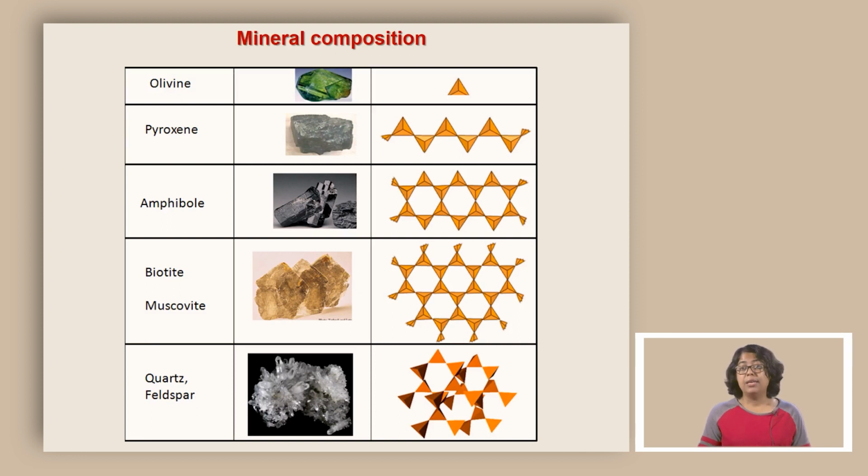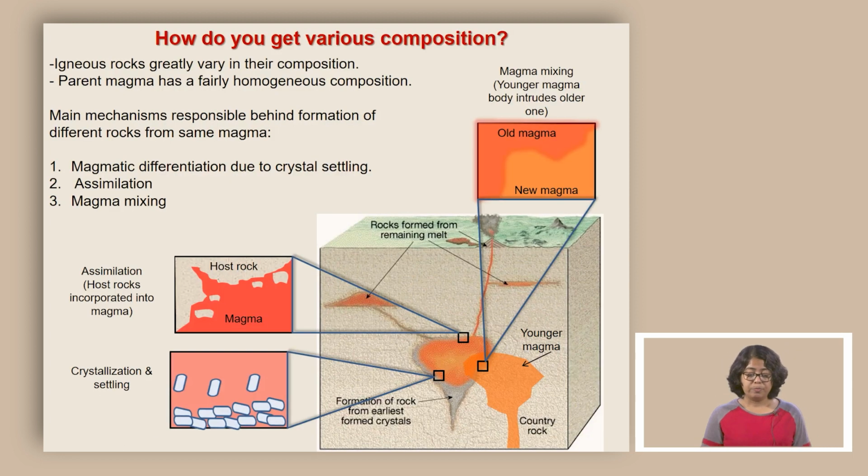Now the question is, if the magma composition of the mantle is the same, then how can we produce a variety of igneous rocks on the surface? What is causing it? So now we are going to look at some of the mechanisms to produce this high variety of igneous rocks in terms of composition on the surface, with the fact that the parent magma composition in the mantle is fairly homogeneous.